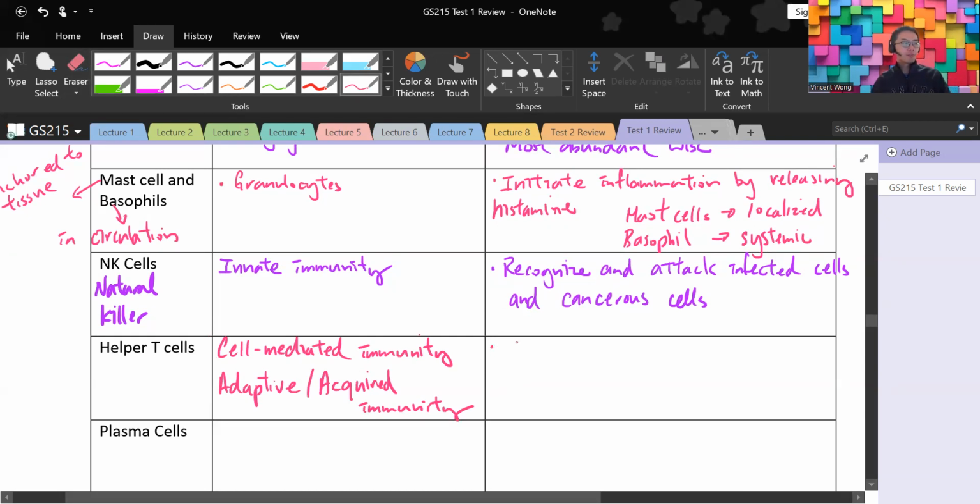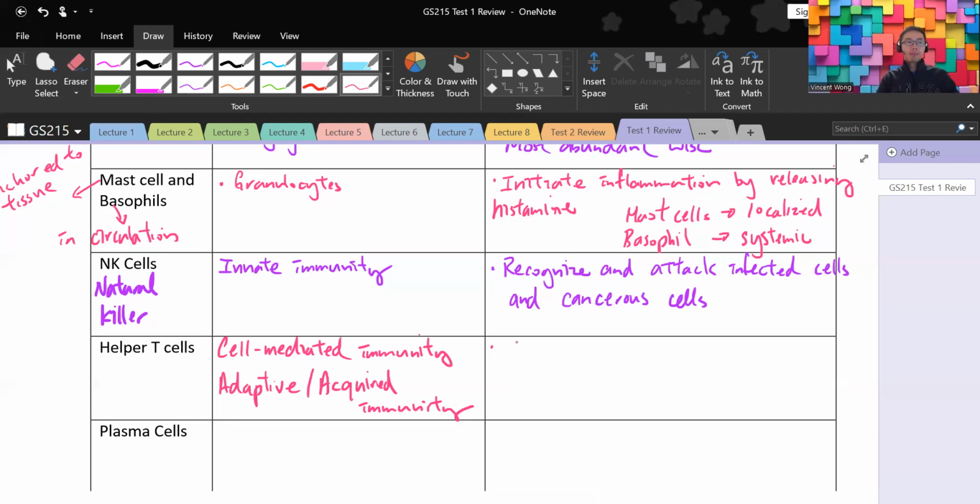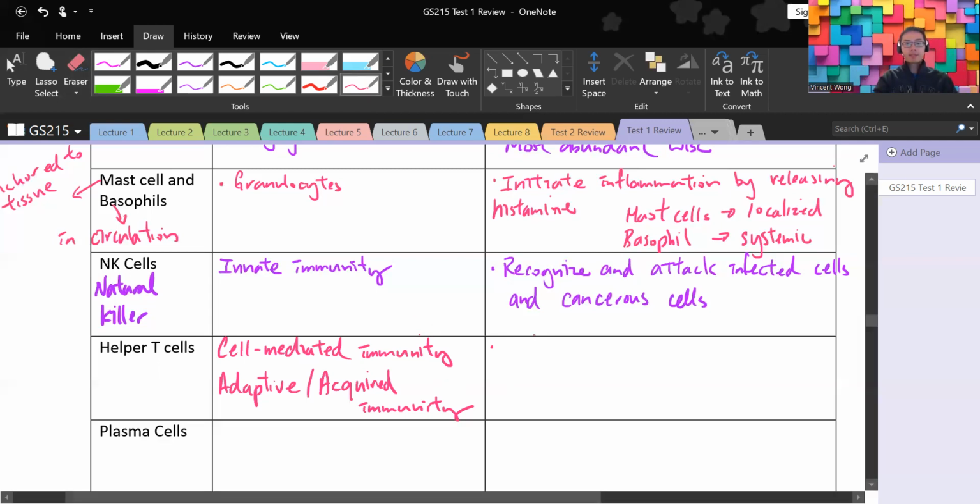What's the function of helper T cell? Anybody remember? Activate B cell. That's right, they activate naive B cells. Okay. And in doing so, coordinate immune response.